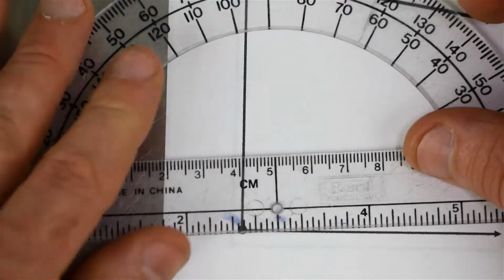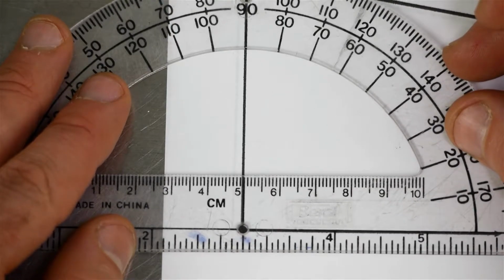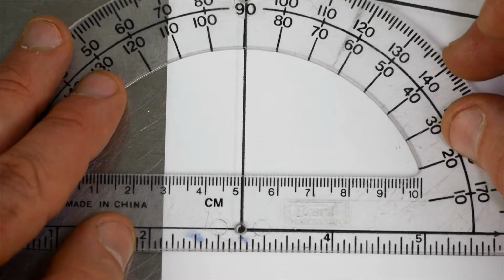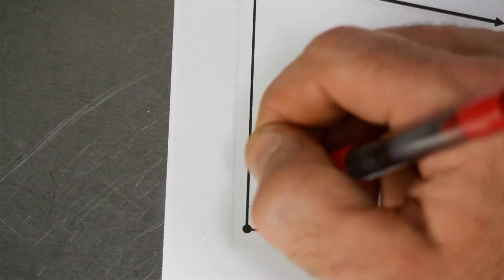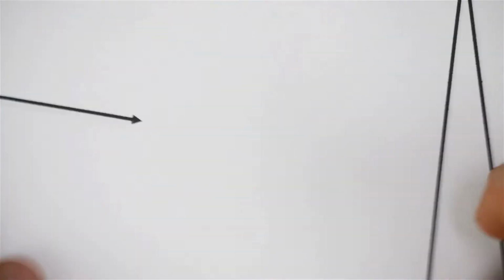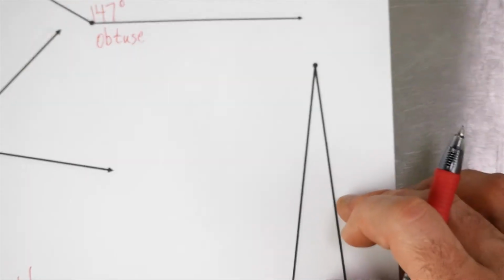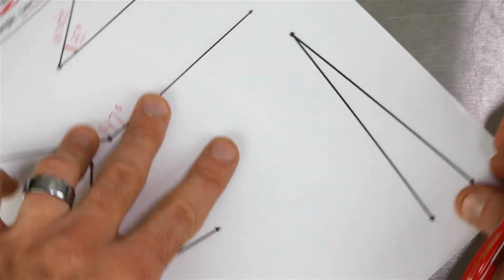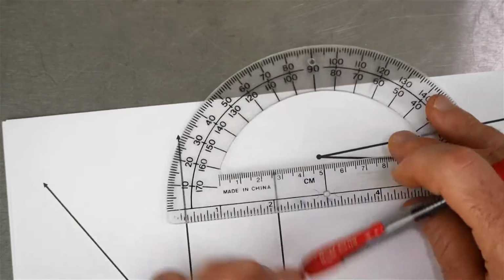Okay, on this angle, now on this one, just checking it, and you can see the way I drew this on the computer. This is exactly 90 degrees. This is a right angle right here. Okay, then on the last one that I've got here, it's kind of weird. It's going up and down. And so the way to do it is just to turn it on its side. And then we're going to do the same thing.